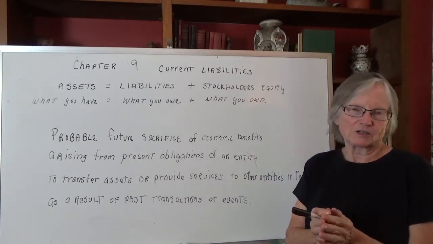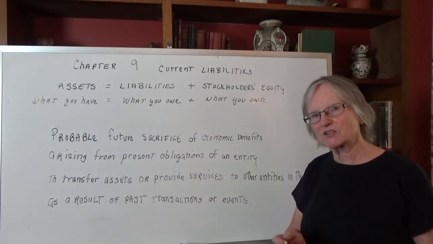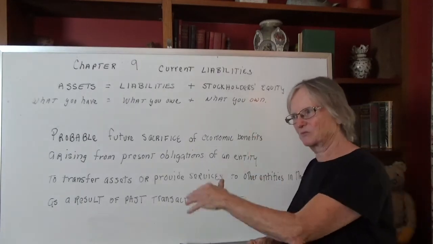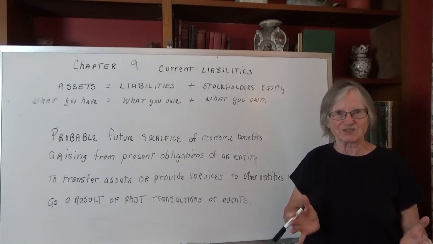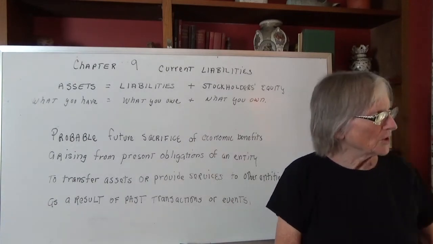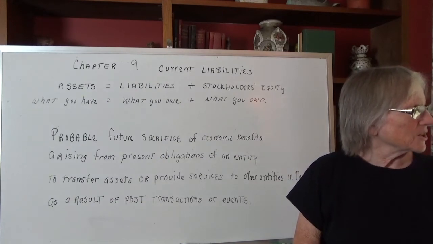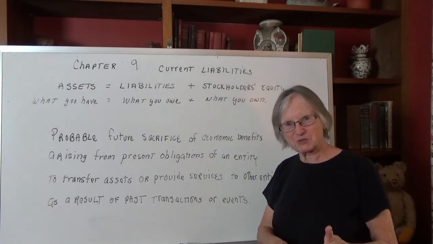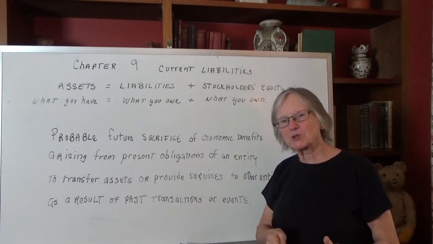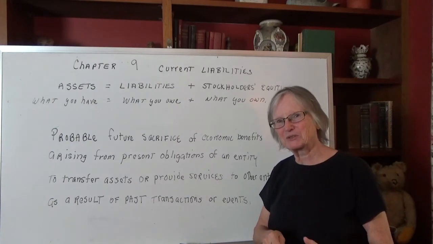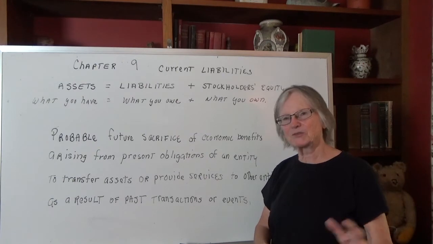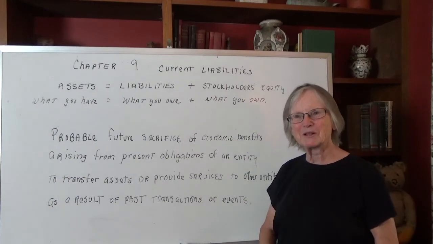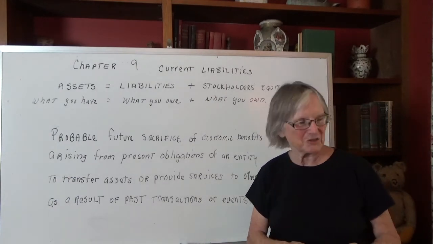But if we had the same liability and we satisfied it by taking out a long-term note payable, we could not call that a current liability because we didn't use any current assets to satisfy it. So we have to expect to pay out of current assets like cash or providing services, or we're going to incur another current liability in order to satisfy this obligation. If we do anything long-term, if we issue stock or long-term bonds payable, long-term note payable, then we cannot classify that as a current liability.